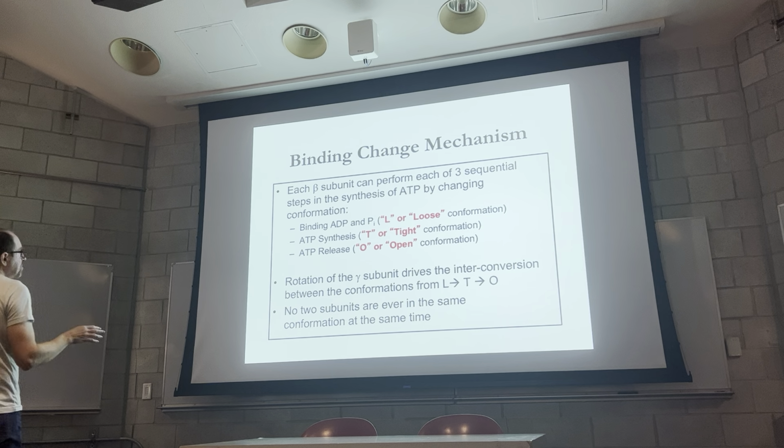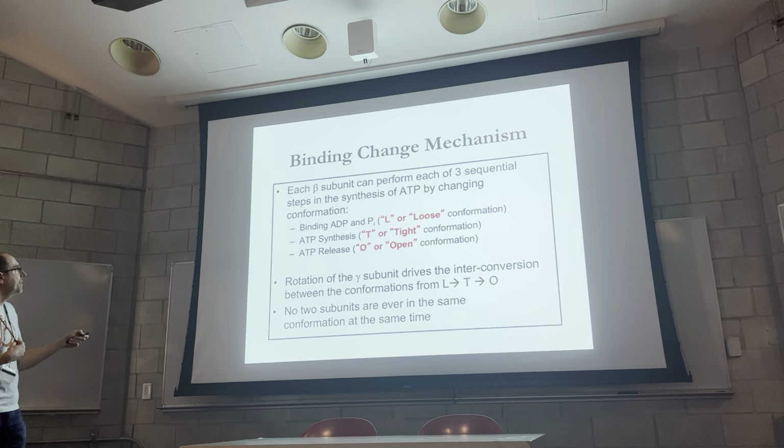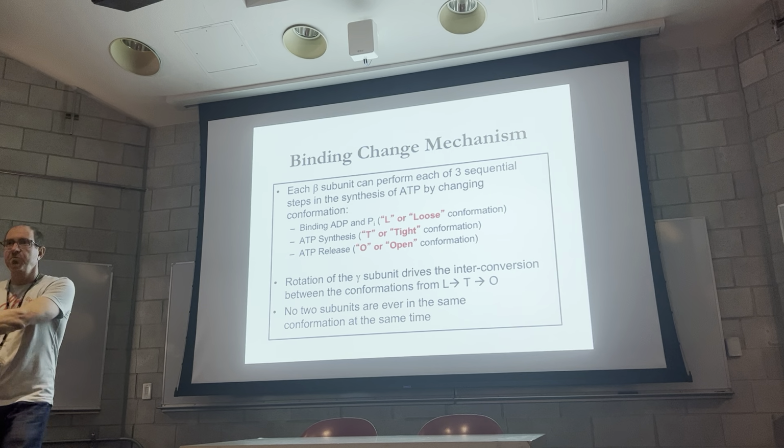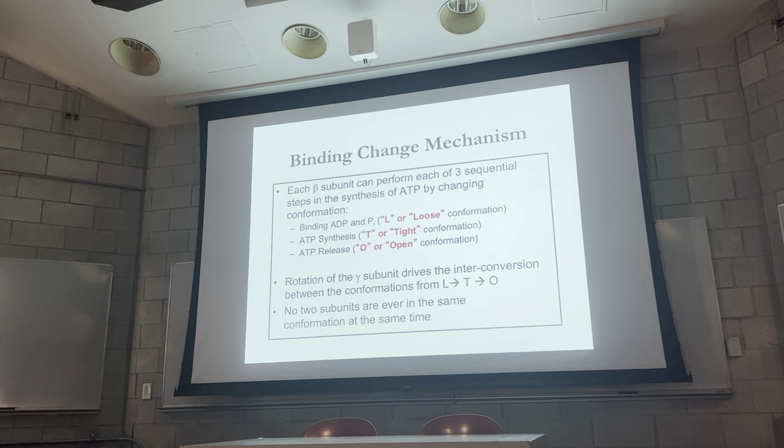Those three conformations are going to be called loose, tight, or open. The loose conformation is capable of binding to ADP and Pi. The tight conformation stabilizes the transition state and will therefore catalyze the reaction. And the open conformation is when the bear trap has been pried all the way open, allowing ATP to dissociate.